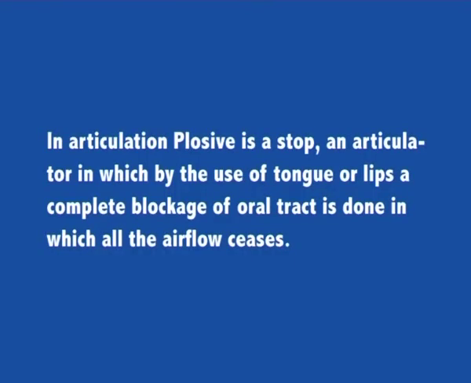Now, in articulation, plosive is a stop, an articulation in which by the use of tongue or lips a complete blockage of the oral tract is done, in which all the airflow ceases. The sounds T, D involve the tip of the tongue, which stops the airflow.